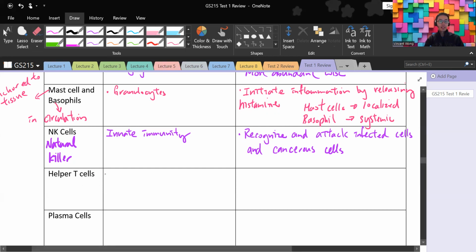Helper T cells. Okay, so helper T cells would be part of the cell-mediated immunity, right? It is the adaptive or acquired immunity.